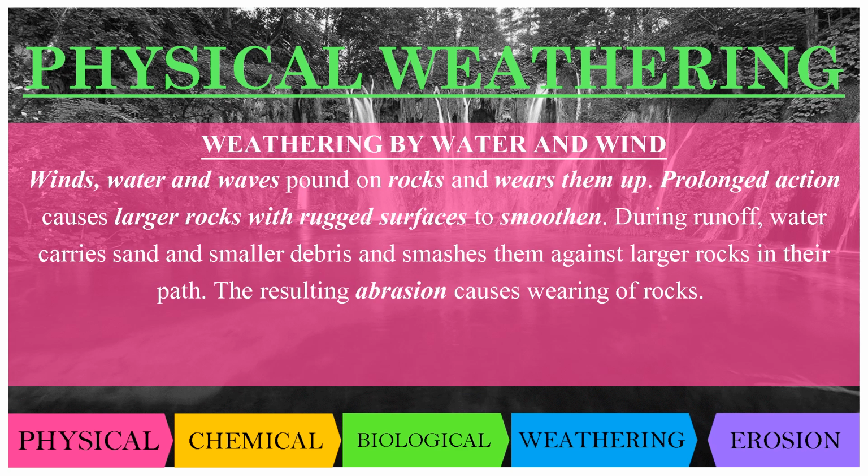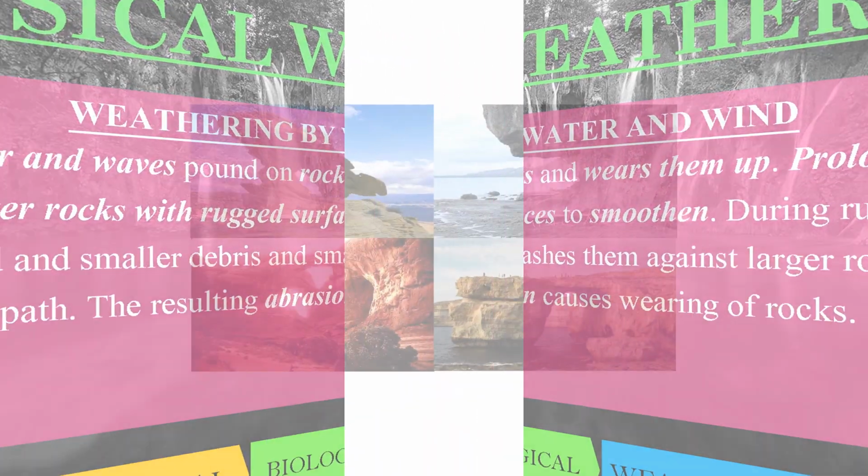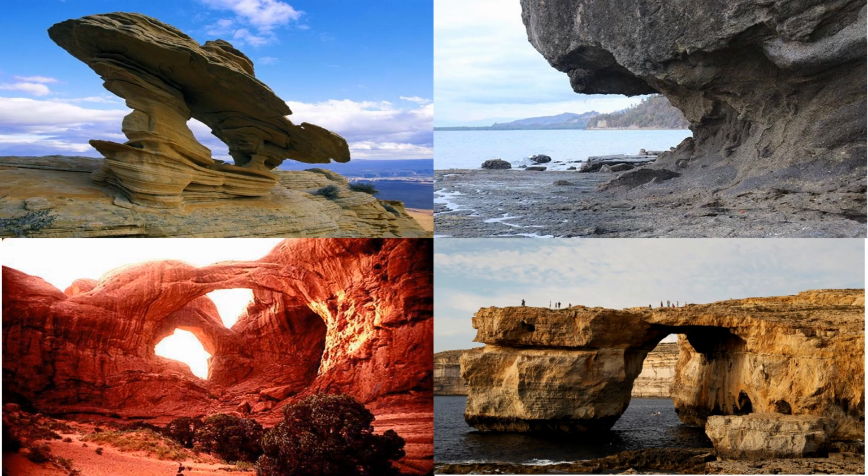The resulting abrasion causes wearing of rocks. These rock formations are examples of physical weathering caused by wind and water. If you are living near beaches, I think these rock formations are very familiar.